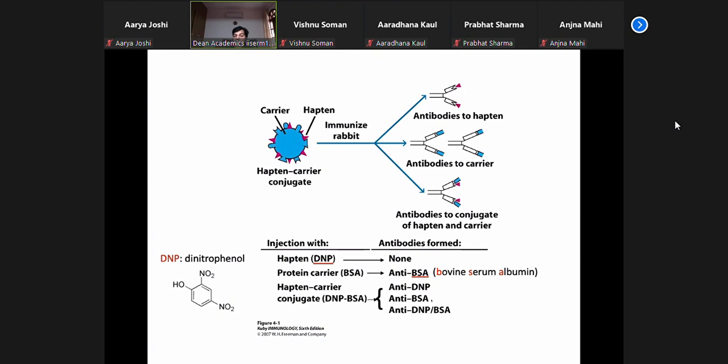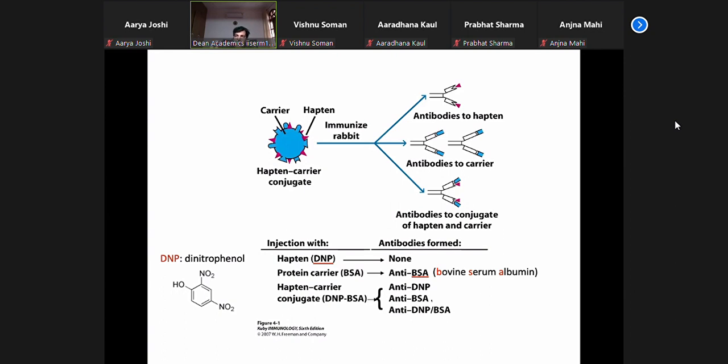Now, hapten alone would be able to bind to this antigen receptor, but the other signals which are required are missing. And when you inject this conjugate, hapten plus carrier, how exactly it works, we'll talk about in a little more detail.